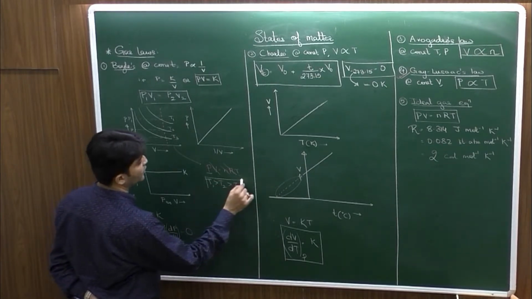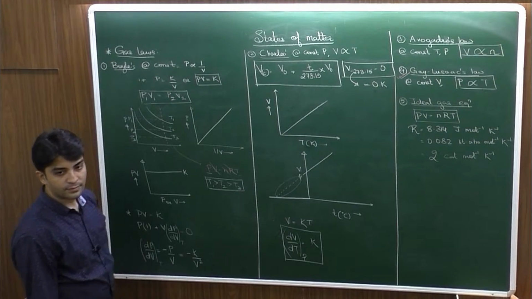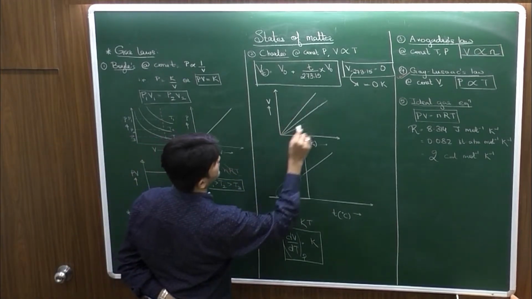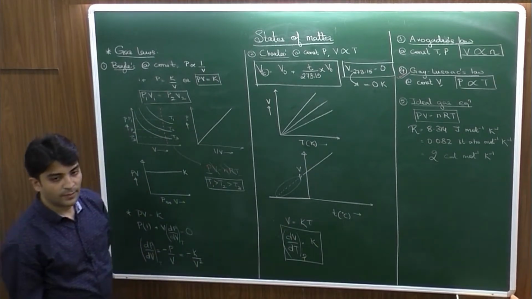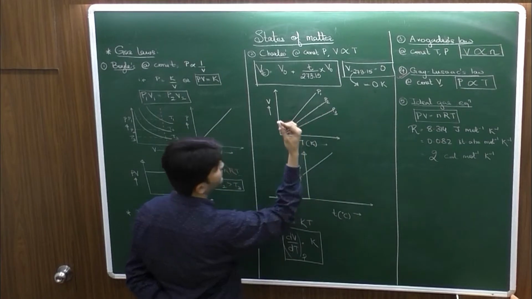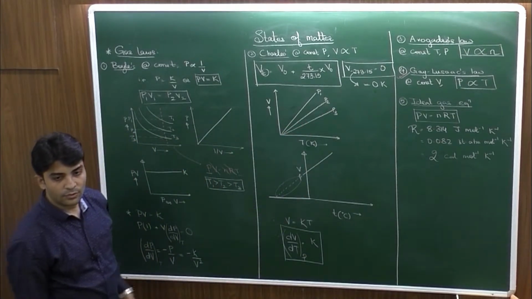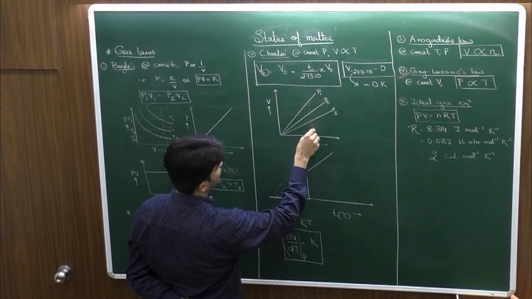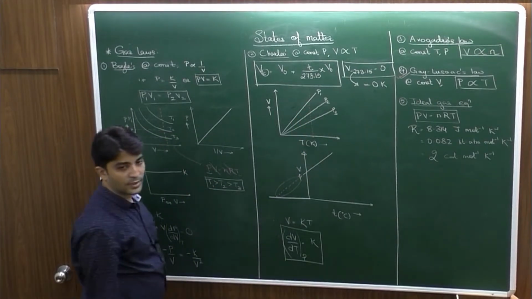A very very important question from Boyle's law. Along the same lines, in Charles law there are 3 linear lines given, and they have mentioned the pressure conditions P1, P2, P3. Again, how to start? Draw a vertical line parallel to the y-axis, meaning you made the temperature constant.